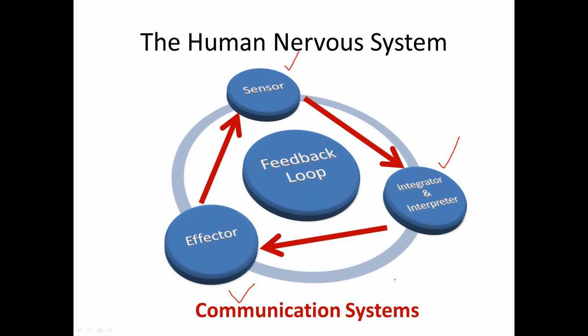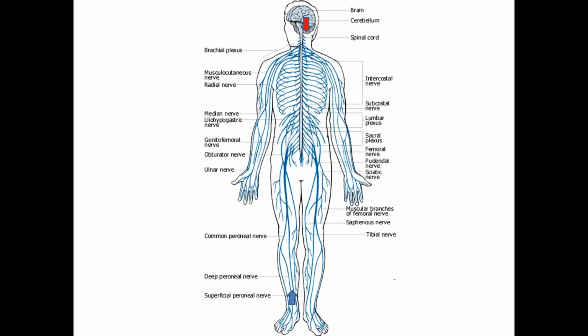So first of all, let's have a look at the nervous system with a map of the body. Now on this map I'm showing you two arrows, a red arrow and a blue arrow. The red arrow is showing you the information that leaves the central nervous system and goes into the peripheral nervous system, and the blue arrow is showing you how information passes from the peripheral nervous system into the central nervous system.